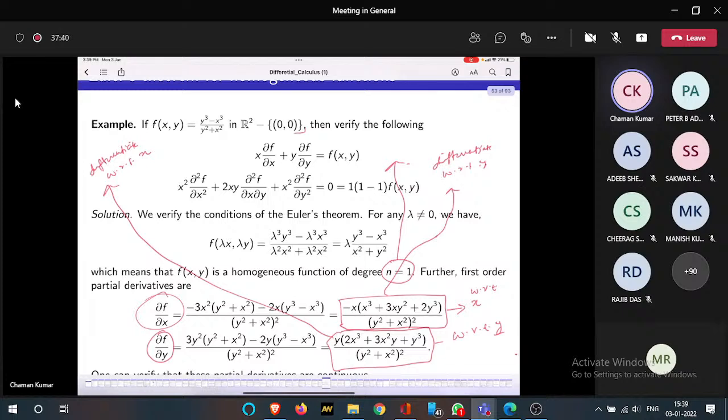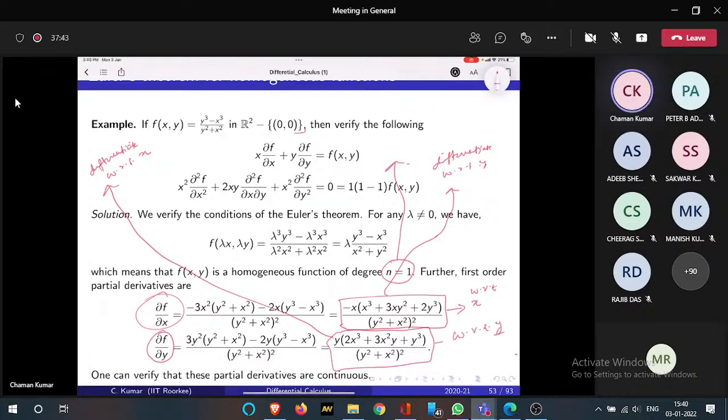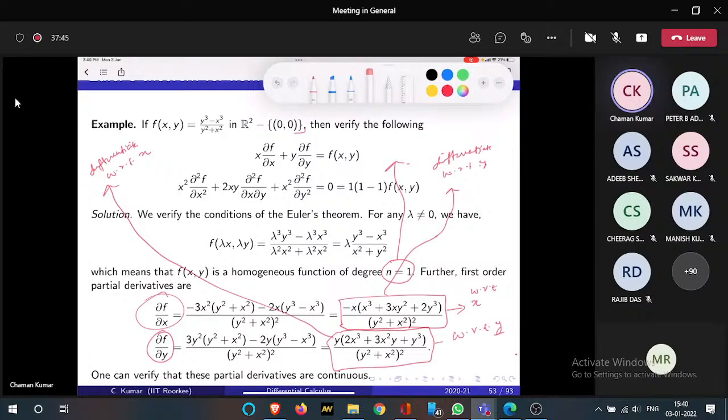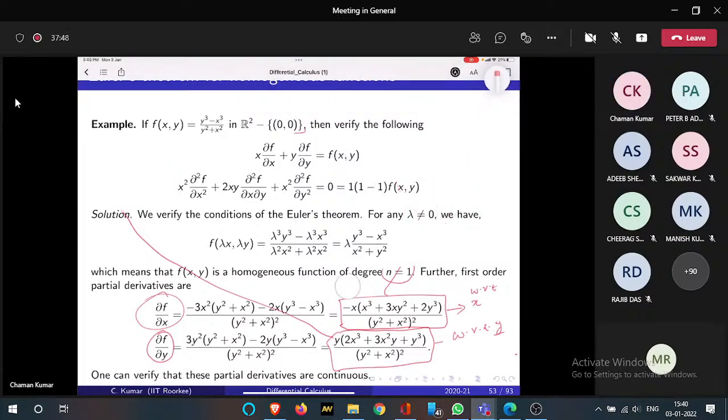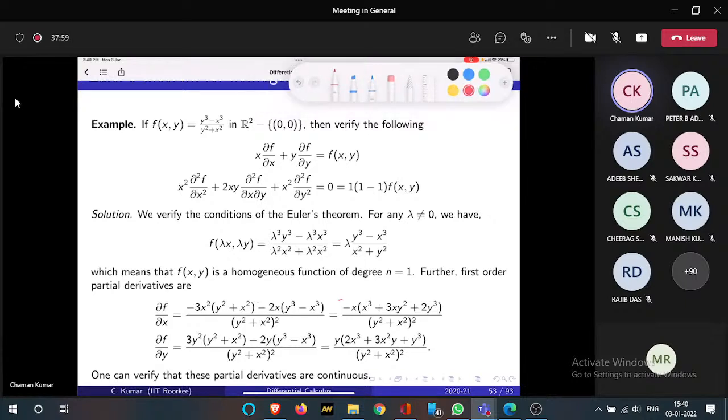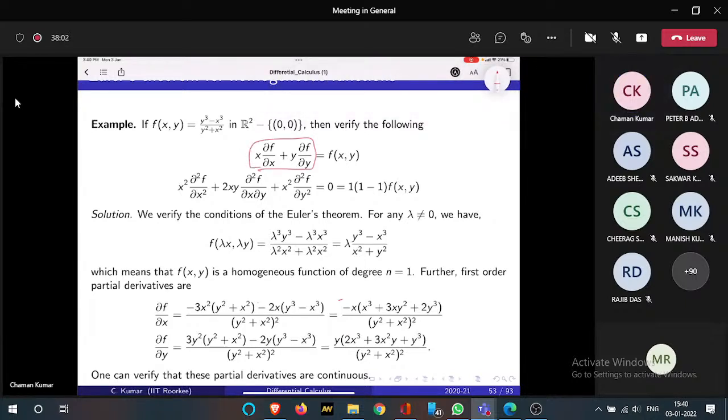So one can easily check that when you substitute all these partial derivatives in this equation, we have all these partial derivatives, and you can calculate this left hand side, and you can show that this left hand side will come out to be the value of the function.